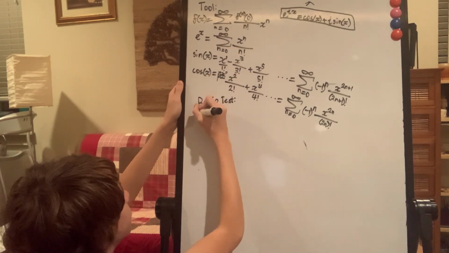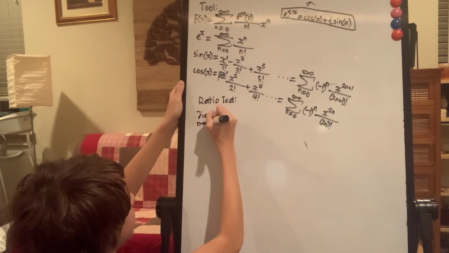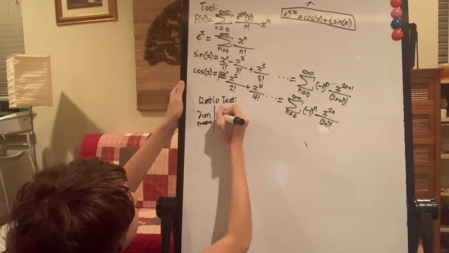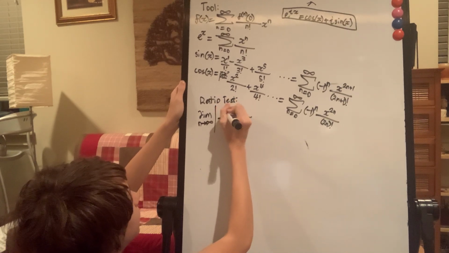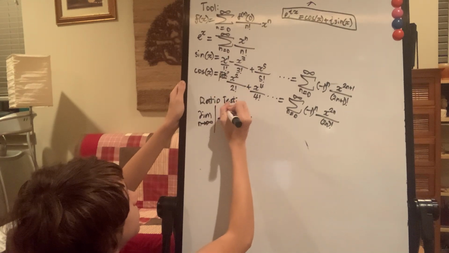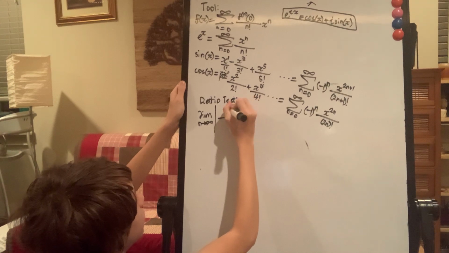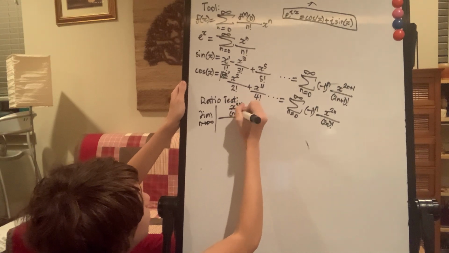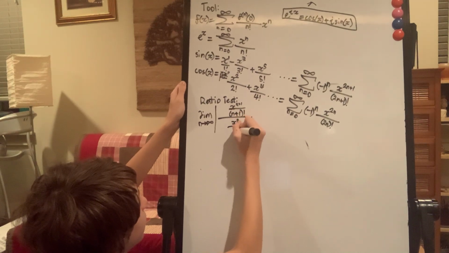As we know, we want to consider the limit as n goes to infinity of the absolute value of the n plus 1th term over a sub n, which is x to the n over n factorial. So we have x to the n plus 1 over n plus 1 factorial, over x to the n over n factorial.